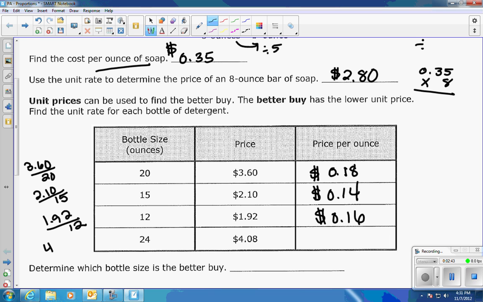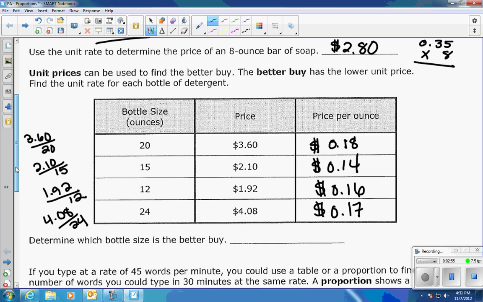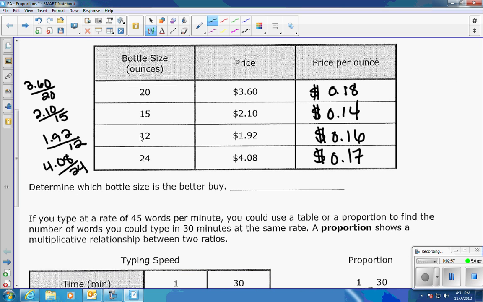And then the last one is 408 divided by 24, which gives me 17 cents. So by using division to find my unit rate, I can compare all of these different prices with their ounces and figure out which one is the better buy. So the better buy is the 15-ounce bottle because it's only 14 cents per ounce.